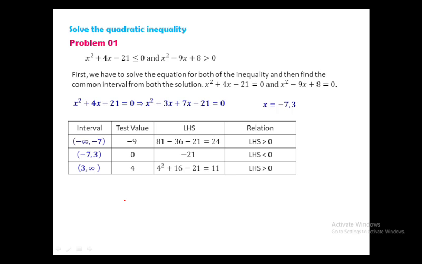So the solution set must be in -7 to 3. Also, since the equal symbol is present in the inequality, we include the endpoints in the solution set. So the solution set for the first inequality is the closed interval -7, 3.